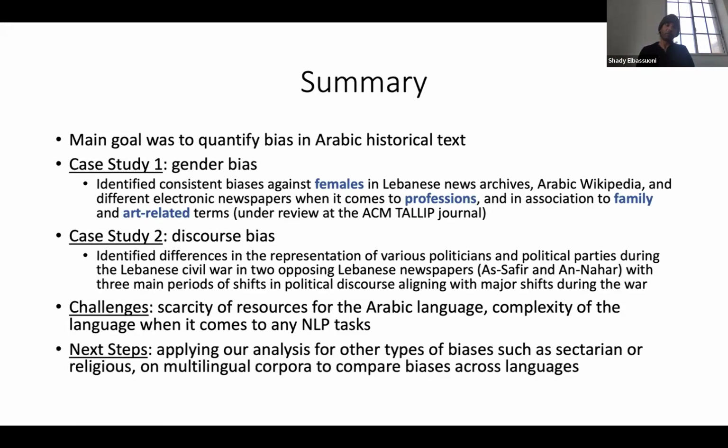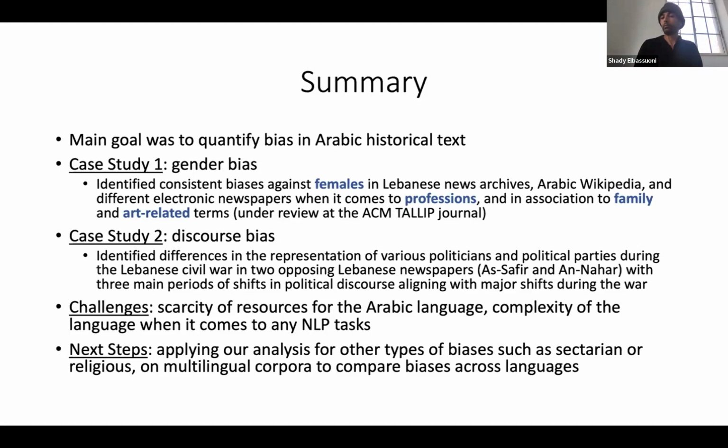Moving forward to next steps, we would like to take our analyses and the work we have done on gender bias and discourse bias and apply it to other types of biases, such as sectarian or religious, and also look at differences across languages. If you take Wikipedia, for instance, can we observe differences in the way women are portrayed in the Arabic Wikipedia versus the English Wikipedia?